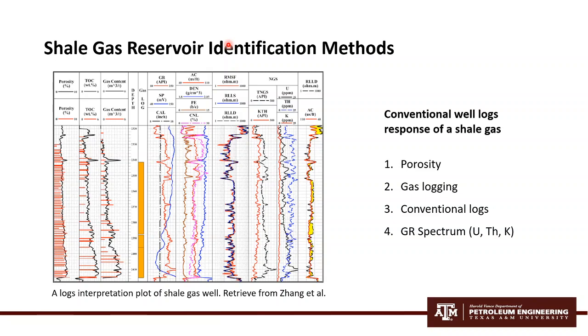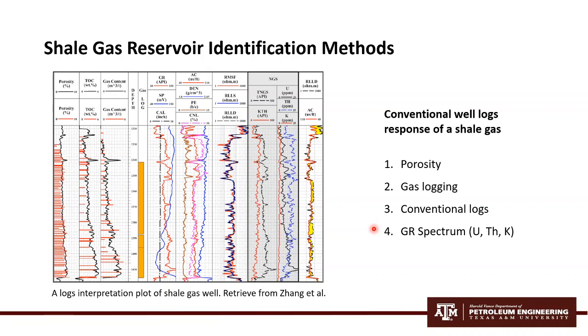Now I'm going to explain shale gas reservoir identification methods. This is a figure that represents a conventional well log response of a shale gas in China, where we have porosity tracks here, gas logging, conventional logs, and finally gamma ray spectrum, just uranium, thorium, and potassium.